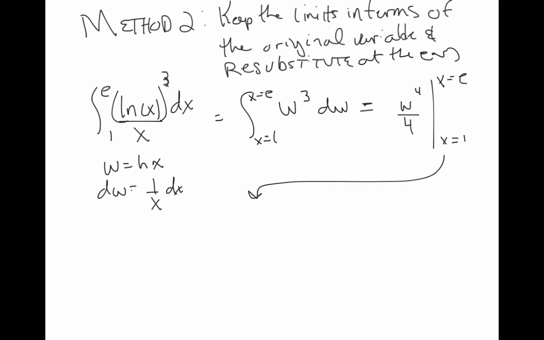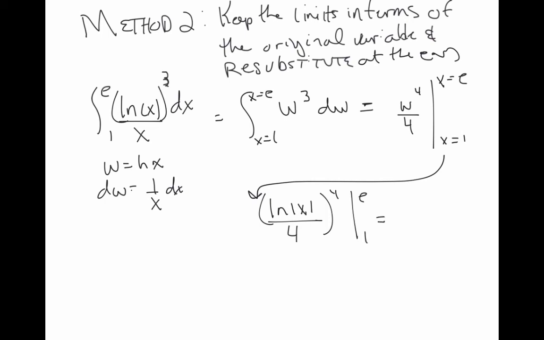So let's bring it over here. And since w equaled the natural log of x, I will resubstitute and have the natural log of x over 4 raised to the 4th, evaluated at 1 to e.